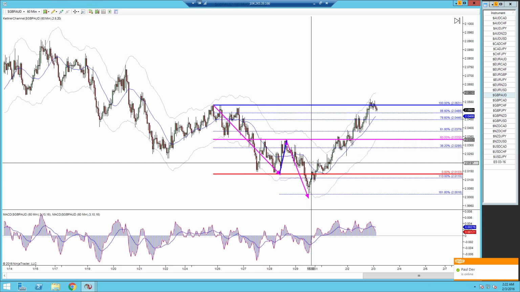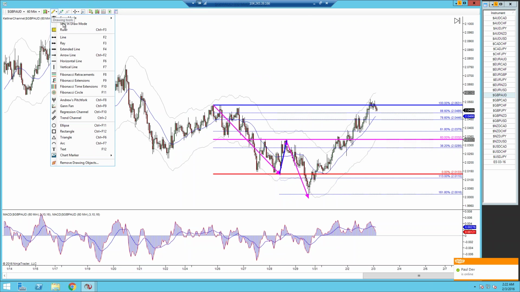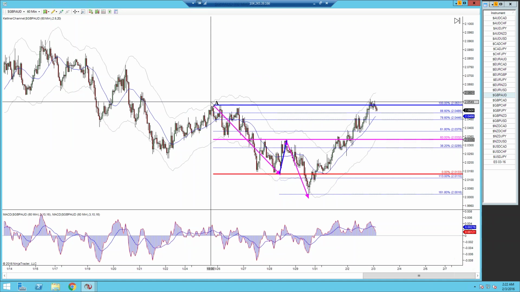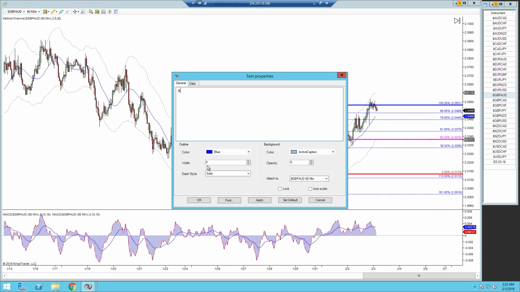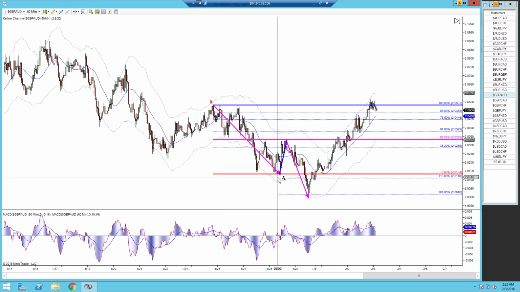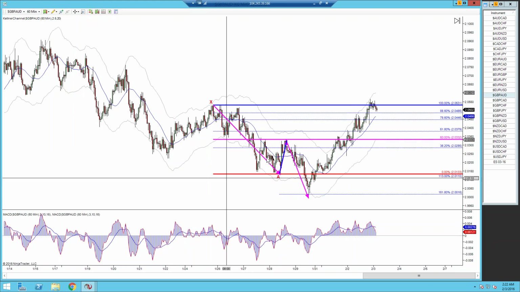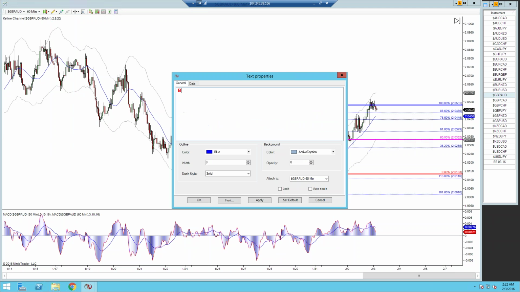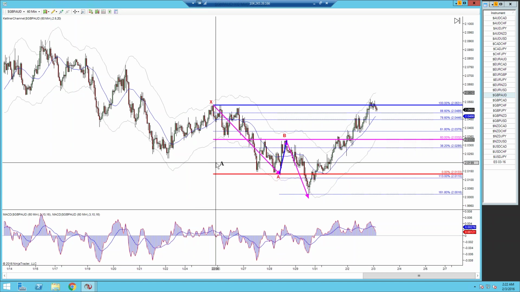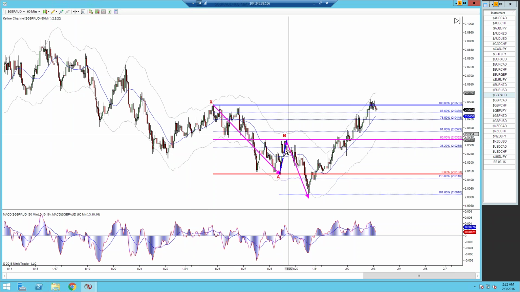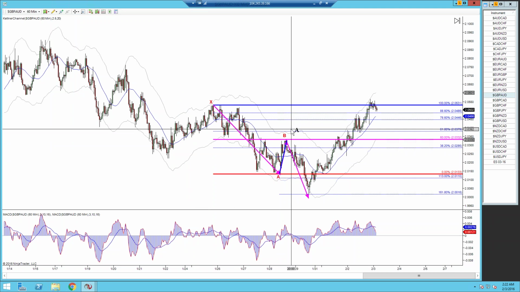Okay, so I'm going to type in the lettering, and this is called the shark pattern. It was developed by Scott Carney, as I said, and it's one of the more popular patterns in the market. It shows up all the time. X, A, B. Now, what I like, and that's purely up to you or somebody else, I like to see this 38 to 62%.